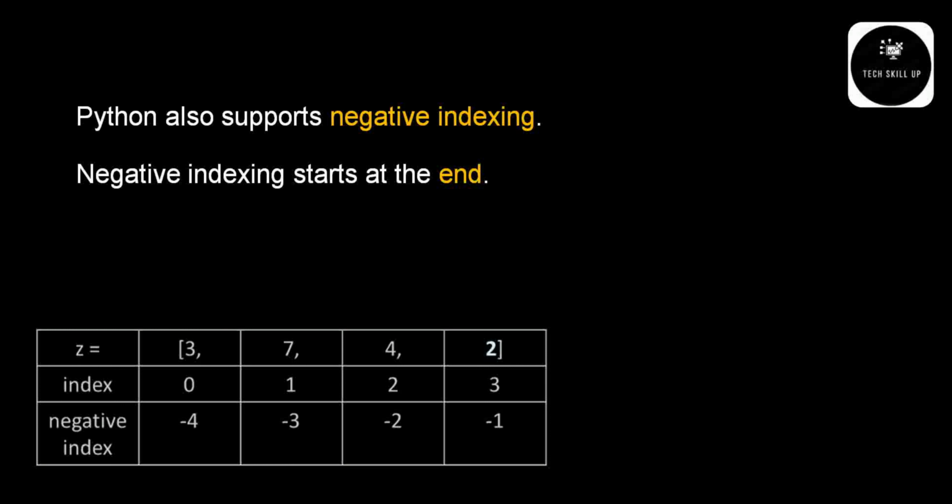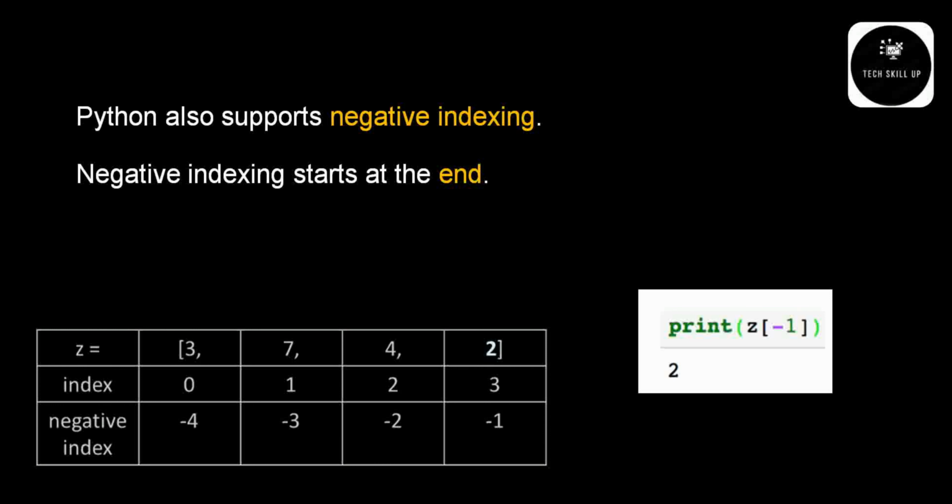If you don't know the number of elements in a list and you want to access the last element, you can access it by using the negative index minus 1. Let's see the example. To access the last element, you use z of minus 1. Then you will get the last value of this list.